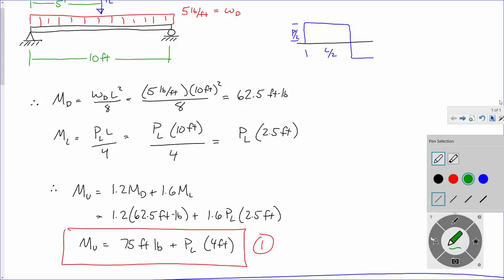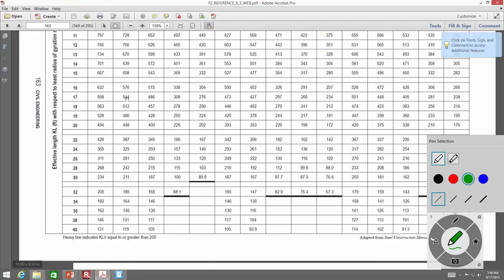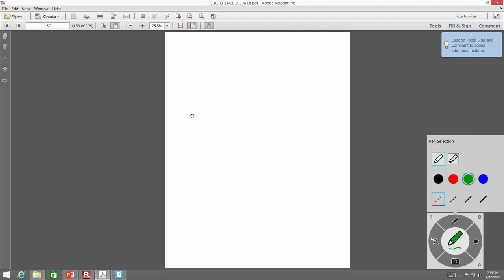But if you look at this little handout that I gave you, I'll even pull it up on the screen so you all can see it. Let me go back to my PDF.